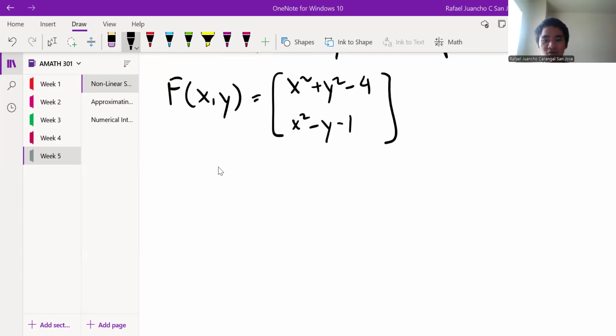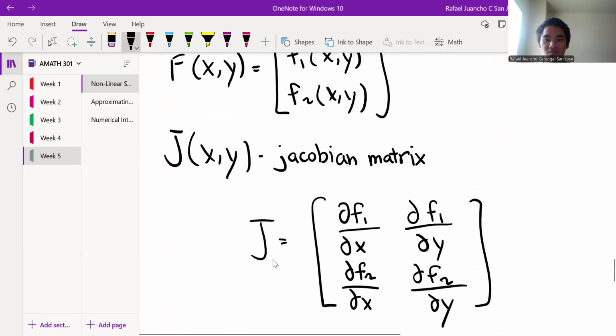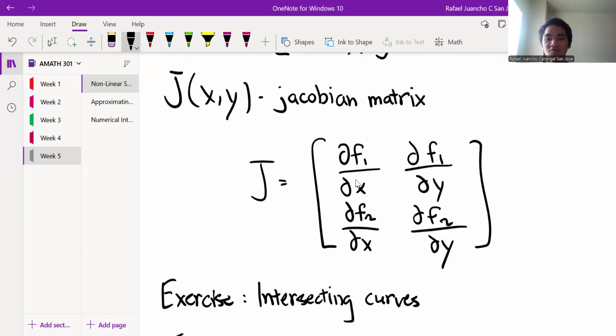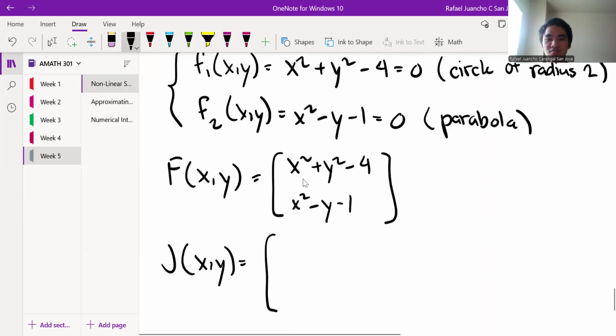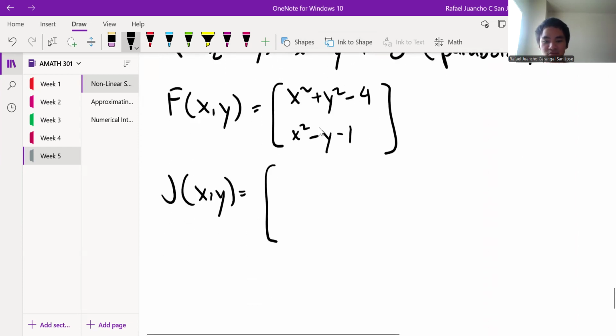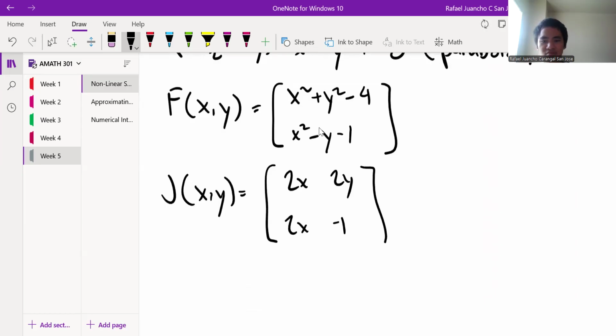And then now I want to compute the Jacobian symbolically. So I'm going to do this analytically. And here I'm just getting partial derivatives. So based on this, I'm getting the partial with respect to x. I'm actually just going to write everything. This is 2x, 2y, 2x, minus 1, right?